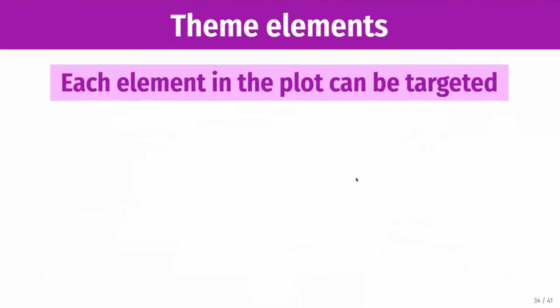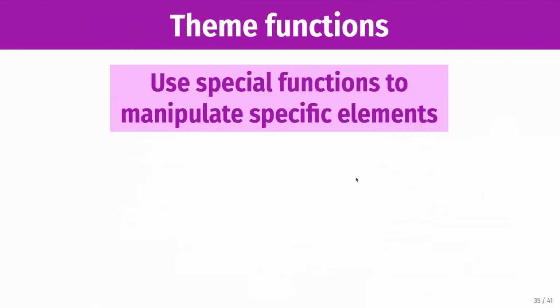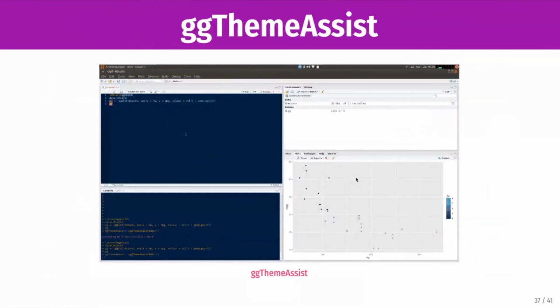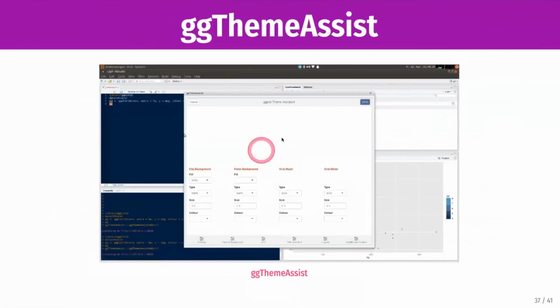There's also an add-in to RStudio that lets you basically get a menu system that will generate the code for you for changing specific elements of the plot. So if you want to just change one of the axis ticks to be dotted or have the background be a certain green color or something, you have this ggplot theme assist, or ggThemeAssist.